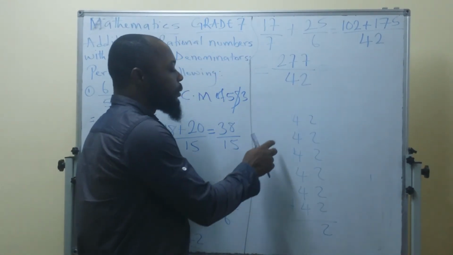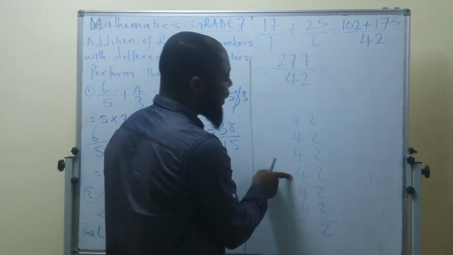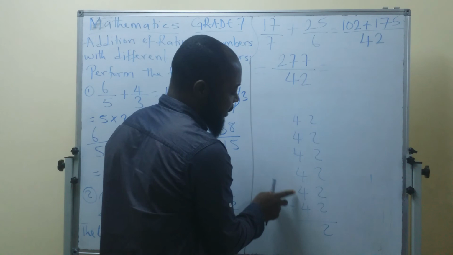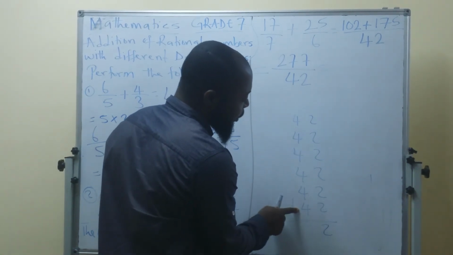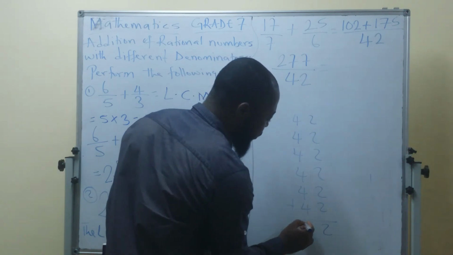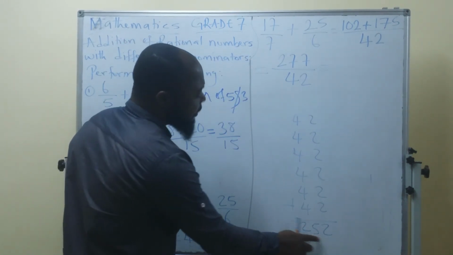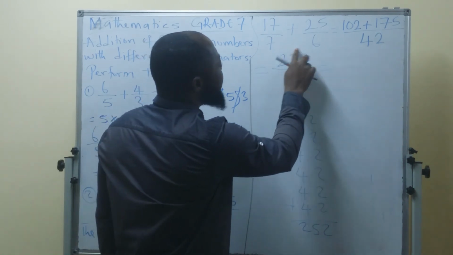Now this is 8 and this is 8, 16, 20, 24 plus 1, 25. So you write 25. Now you see, okay, 252, and here we have 277.